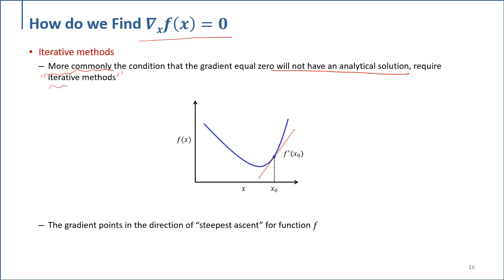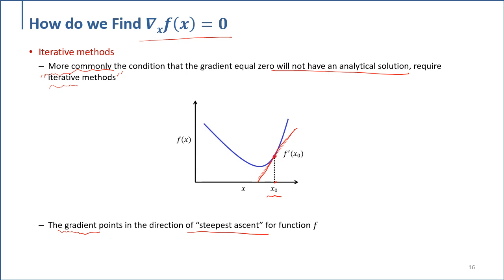As the word iterative implies, we need to find solutions repeatedly. Knowing the mathematical meaning of gradients, the gradient points in the direction of steepest ascent for the function f. So let's say from the starting point x0, we calculate the gradient at this point.